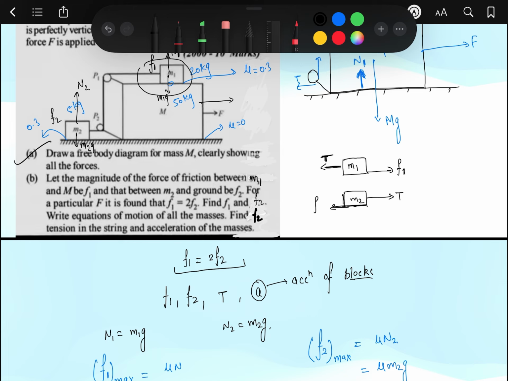This friction is preventing relative sliding between the surface and m2, so it will always try to keep them together at the same place. So the friction force will act in the backward direction.